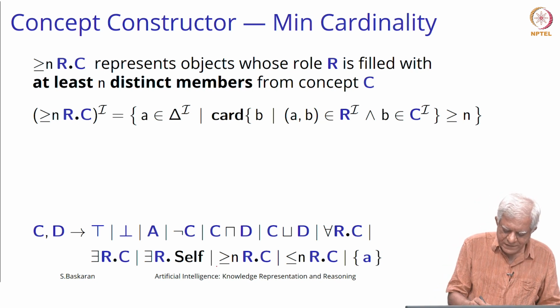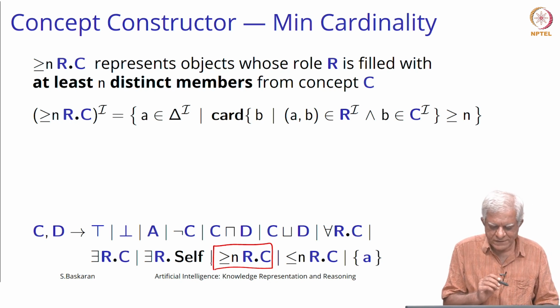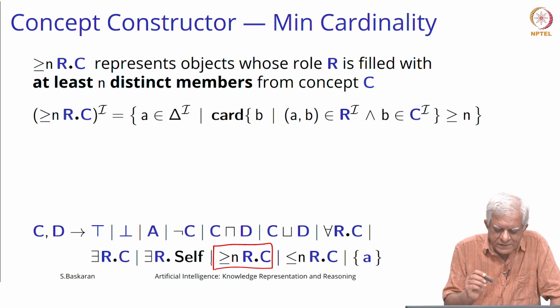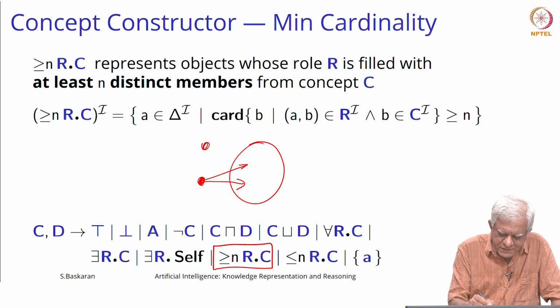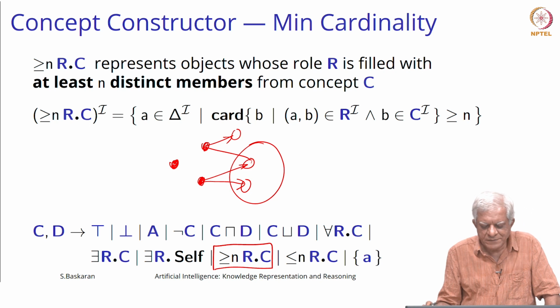Then min cardinality, at least n role fillers from class C, that is what we are saying here. So, the same example if I take that I drew some time ago, this person was related to one element here and one element outside, and there was a third person who was not related to anyone.